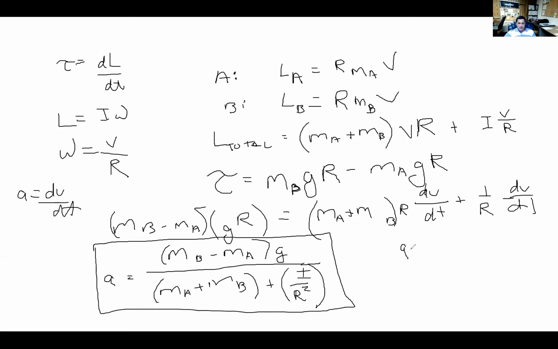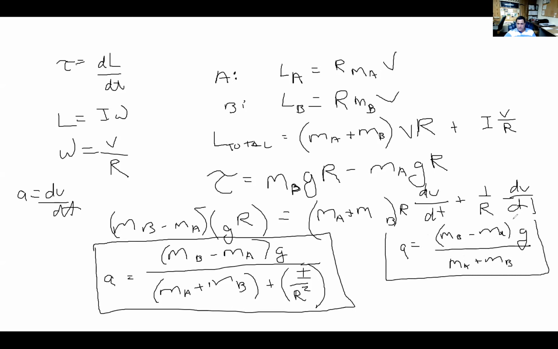So another equation, acceleration equals MB minus MA, again, the whole thing times G, divided by MA plus MB.